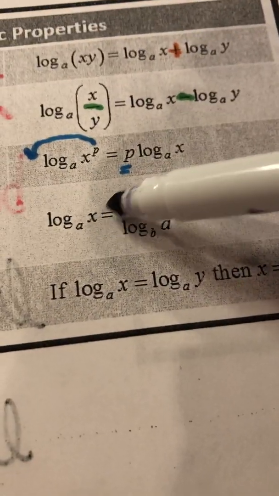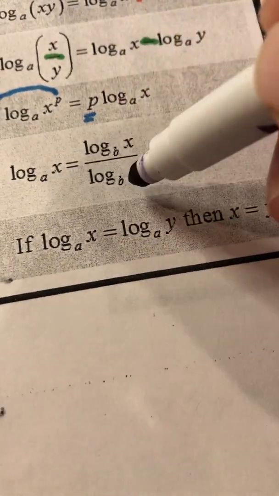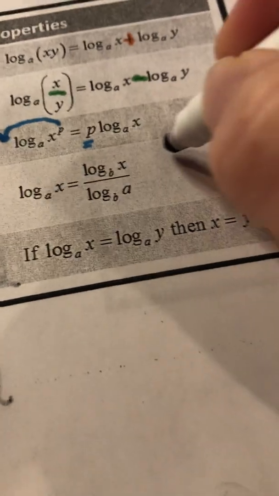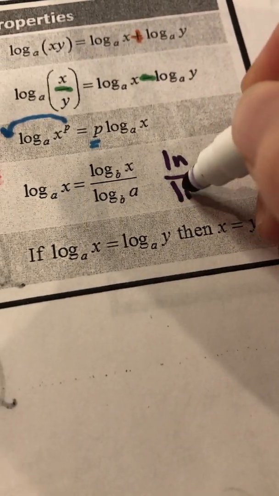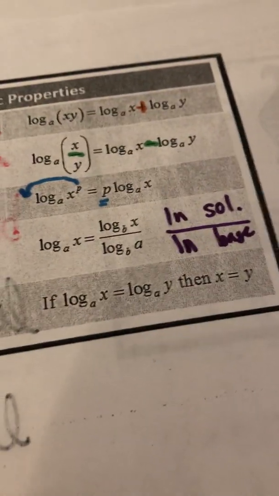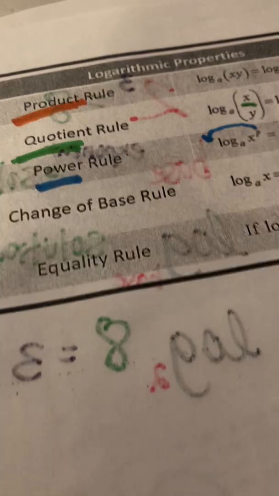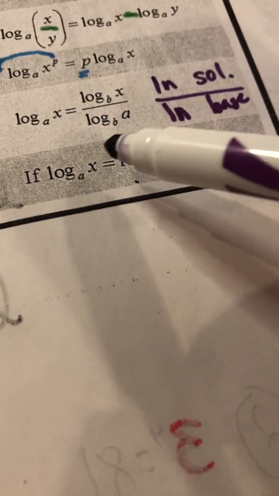Remember, we would put the solution term on top and the base term on bottom. So again, you could do natural log of solution over natural log of base, or log solution, log base, doesn't matter. And then the equality rule says that if they both have log A and it's x equals y, then of course x equals y.